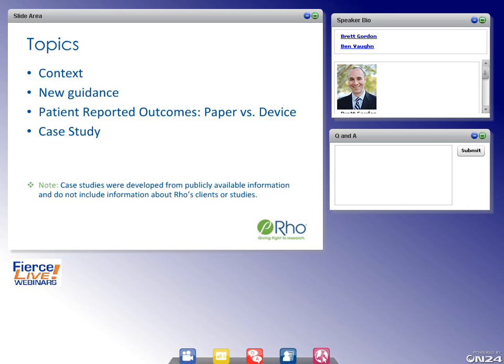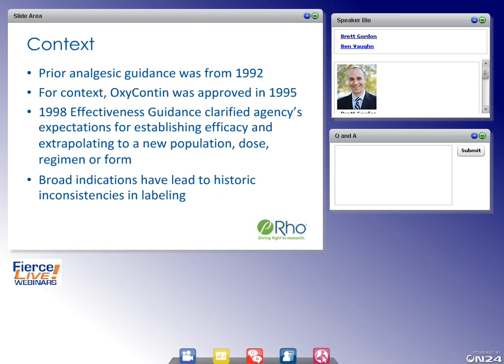So for background, the prior guidance was from 1992. This is ancient in terms of regulatory. For context, OxyContin was approved in 1995. Following that, the 1998 effectiveness guidance clarified the expectations for establishing efficacy and going to new populations, doses, regimens, or forms, but this was not specific to analgesia.